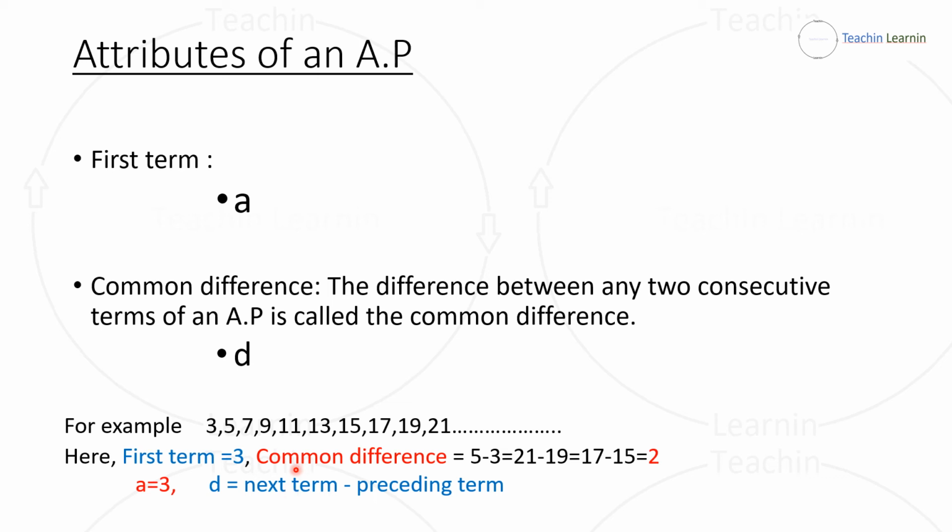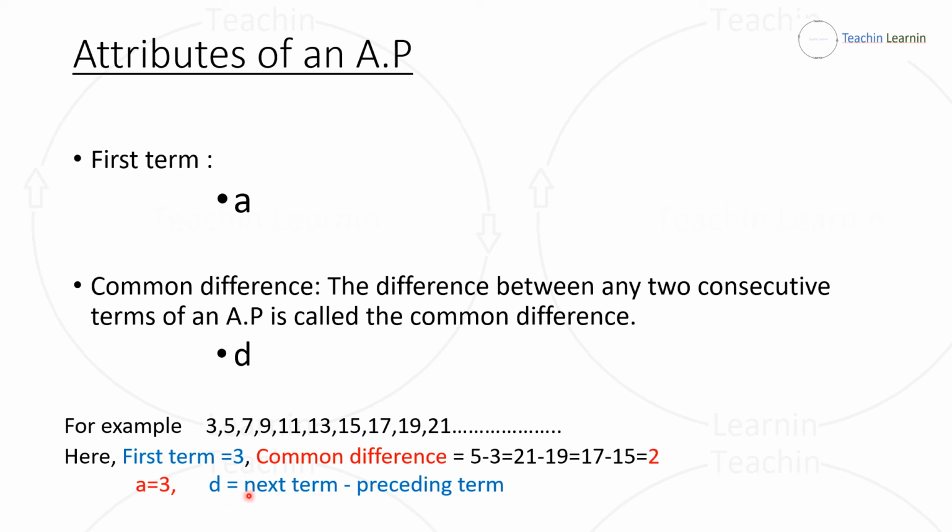Students make mistakes while calculating the common difference. They usually subtract the next term from the preceding term, which is the reverse of this.